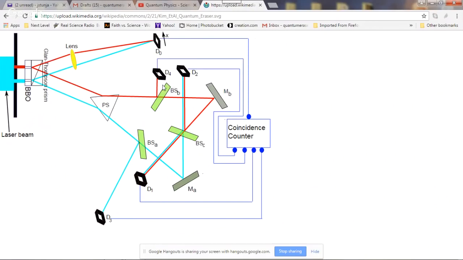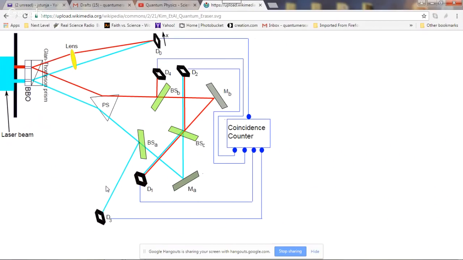Well, as you can see, if it reflects off of BSB and hits D4, guess what? We know the path information because there's absolutely no way a photon fired out of slit B can hit D4, right? And the same thing for D3.